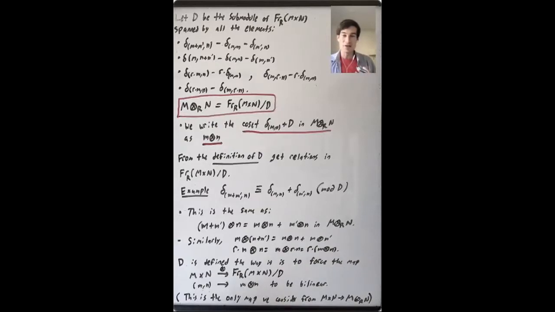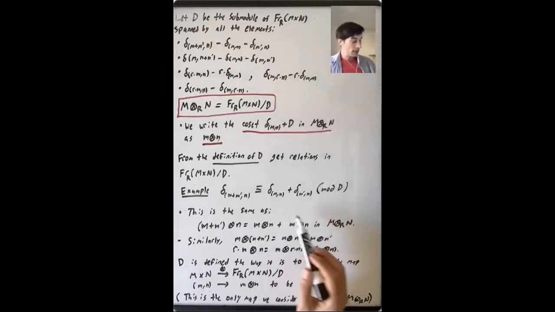So why is D defined the way that it is? It's defined this way in order to force the map from M × N to this quotient, the free module on M × N mod D, that takes the pair (m,n) to m ⊗ n, to be a bilinear map.